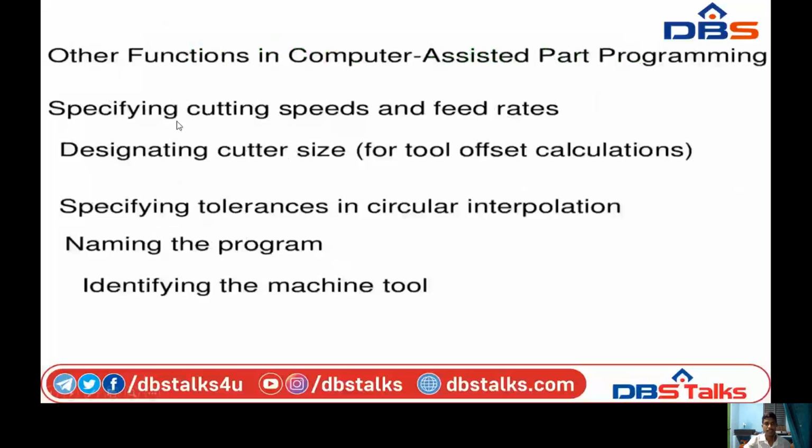In these miscellaneous functions, cutting speeds are specified in RPMs, and cutter sizing means including tool offsets. For producing any part, we give tolerances or allowances, plus or minus 0.02 or 0.01. Then naming the program and identifying the machine tool.